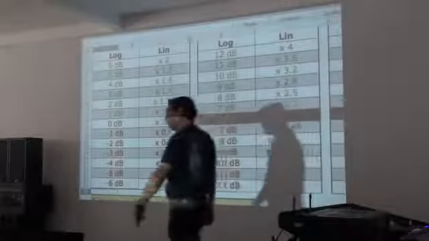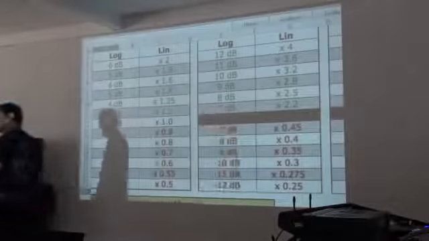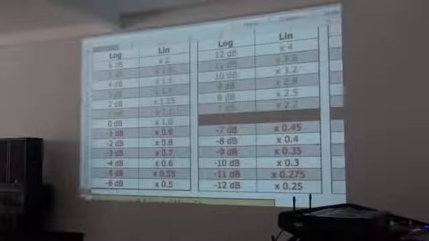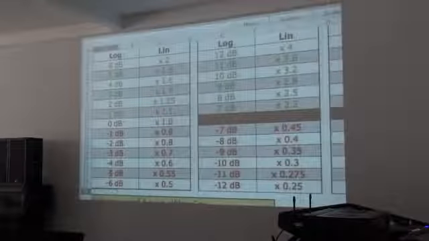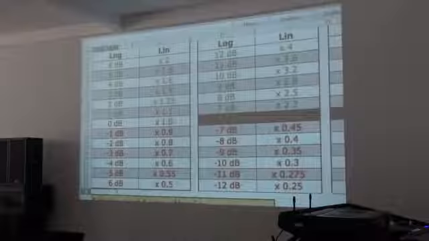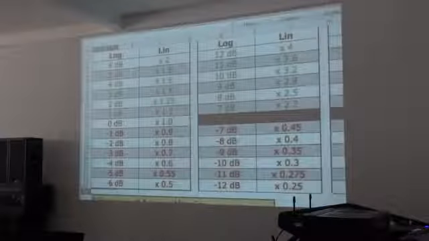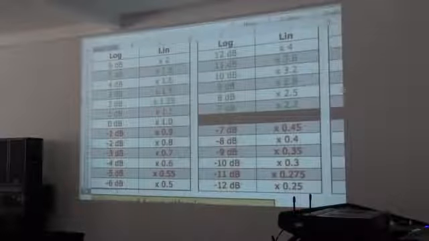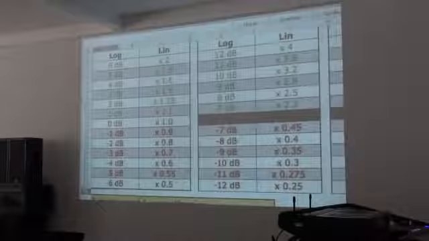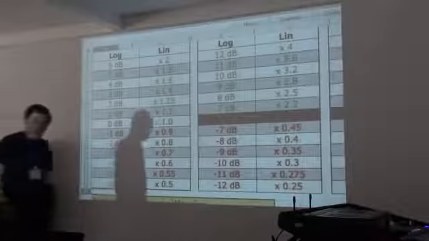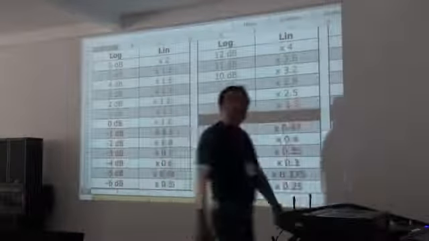Minus 3 decibels is 0.7, actually 0.707. Minus 4 is 0.6. Minus 5 is 0.55. And minus 6 is 0.5.